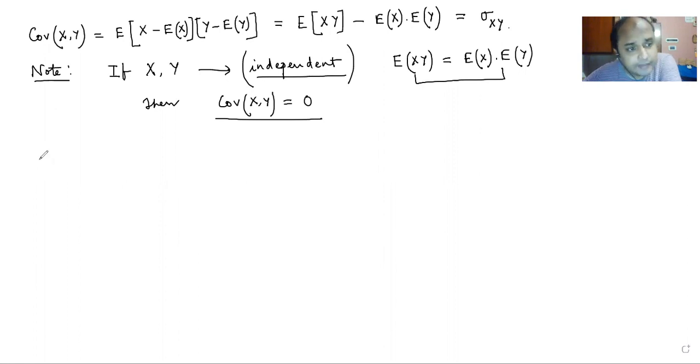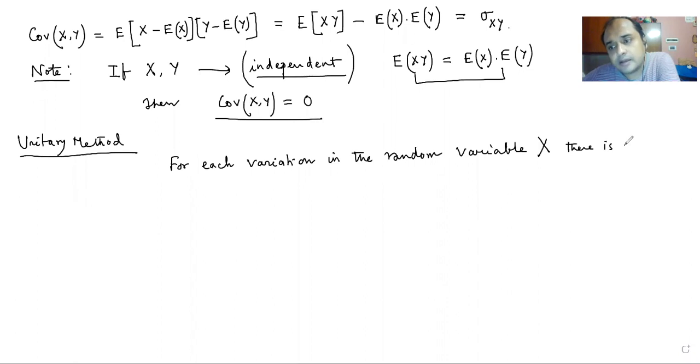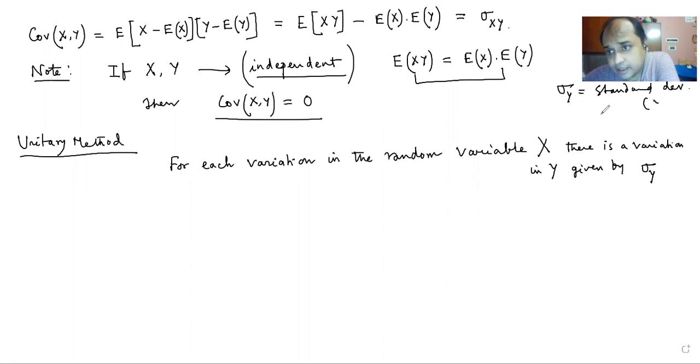Applying the unitary method, we can state the following: for each variation in the random variable capital X, there is a variation in capital Y given by sigma Y. You know that sigma Y stands for the standard deviation of Y, which is the positive square root of the variance.